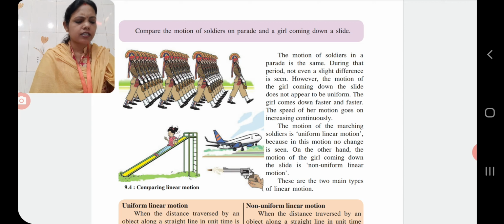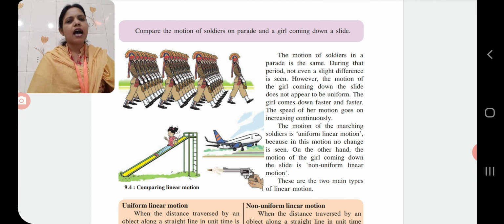When the distance traversed by an object along a straight line in unit time is the same, the motion is called uniform linear motion. So children, we have seen the example of uniform linear motion.